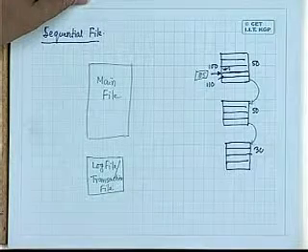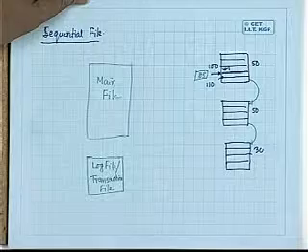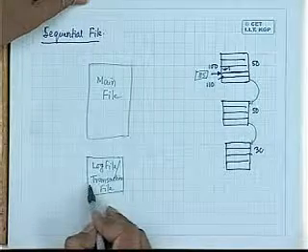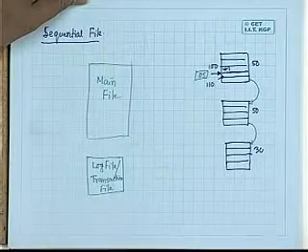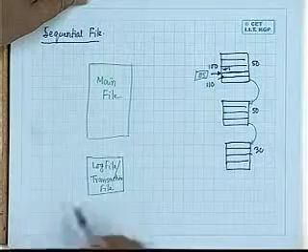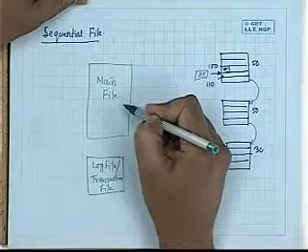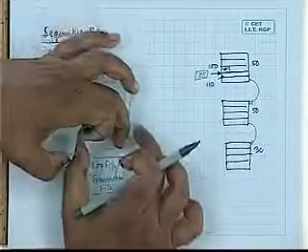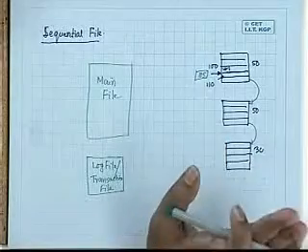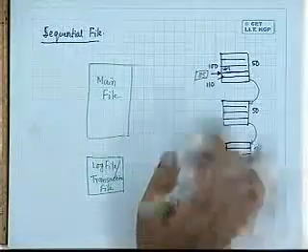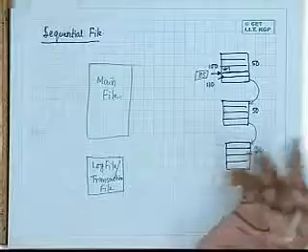Any updated information or any new record is initially placed in this log file or the transaction file. It does not go to the main file. And these two are merged together to give you a single, updated main file at the end of the day. That is when it is ensured that there is no other customer standing in the queue.